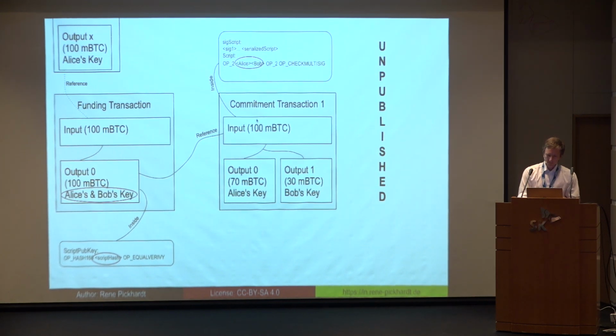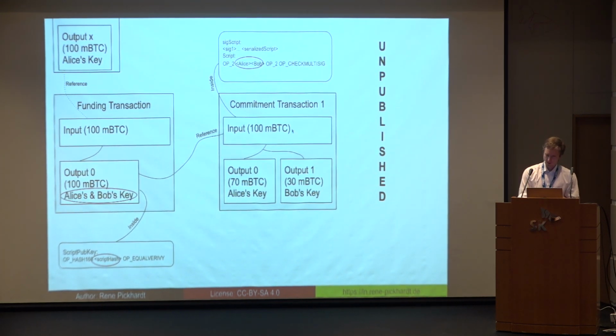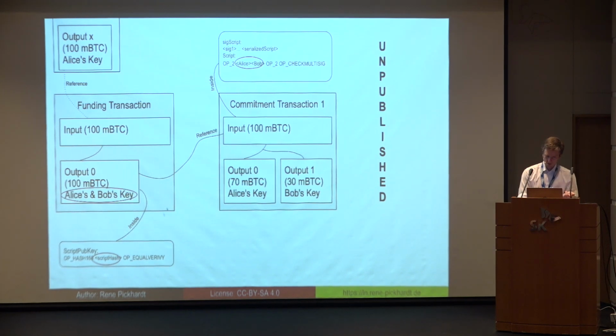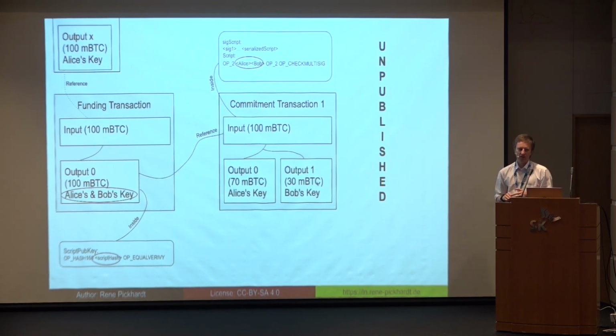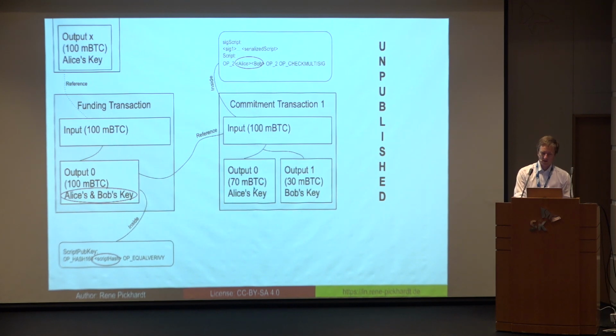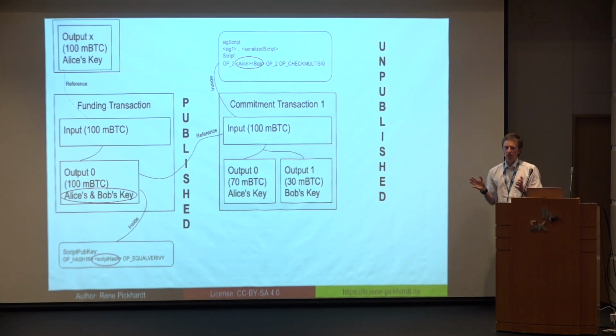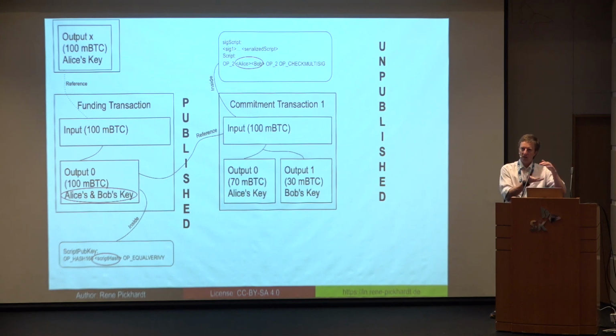And then we have a commitment transaction, which needs to be signed by both. And it says Alice's balance is 70, Bob's balance is 30. And Alice's keys are used to spend this output, Bob's keys are used to spend this, right? It's a very simple, naive way of maintaining the IOU.